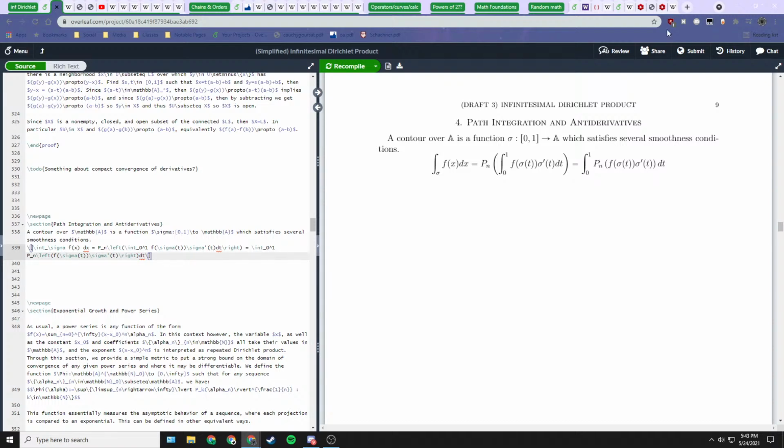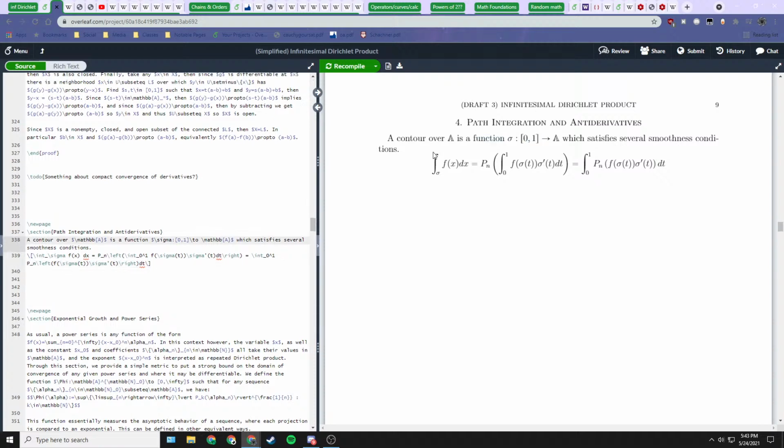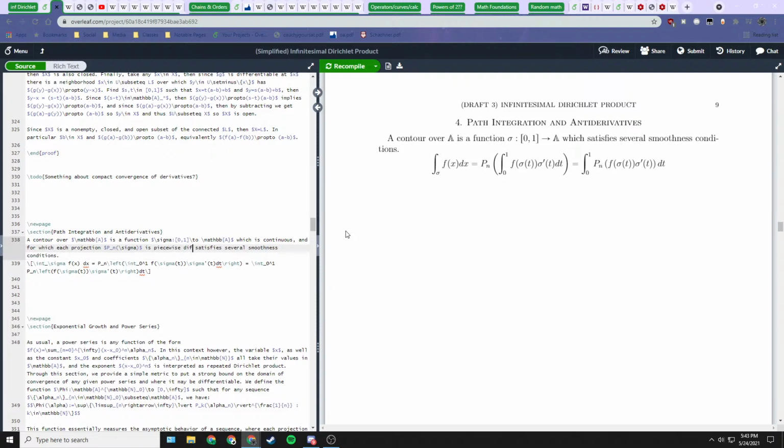So really what we want is, a contour is a function sigma which is continuous, and for which each projection p sub n of sigma is piecewise differentiable.